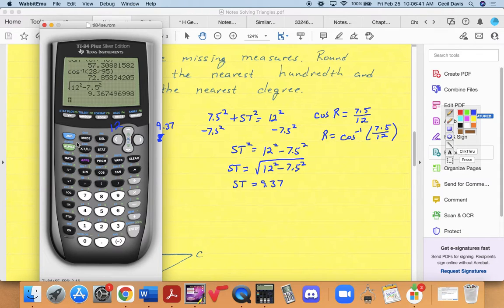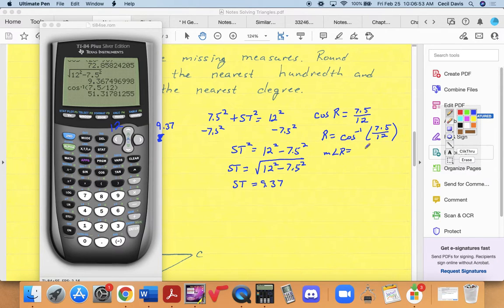So again, second cosine, 7.5 divided by 12. So the measure of angle R, it said to the nearest degree, so that's the nearest whole number, so it's about 51 degrees.